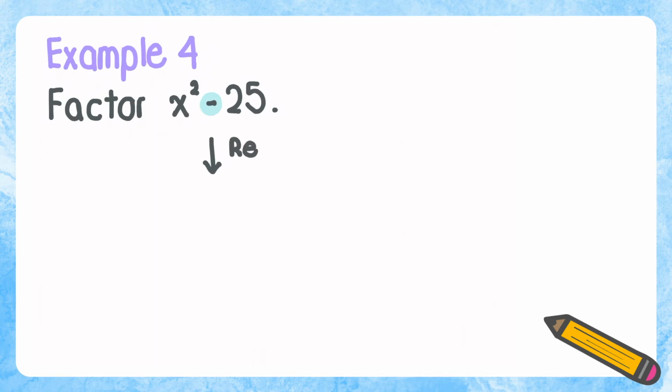Okay, so for this next example, we are going to factor x squared minus 25. So notice here we have a difference, but it's not a difference of two squares. But what we can actually do is rewrite this as dots. So we can rewrite this as a difference of two squares.